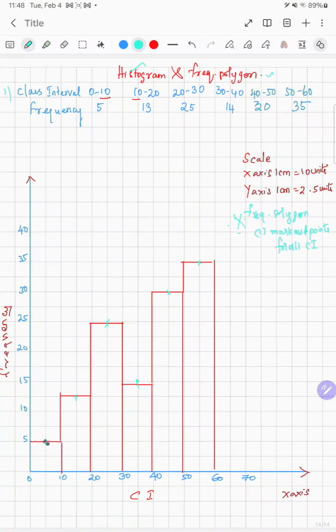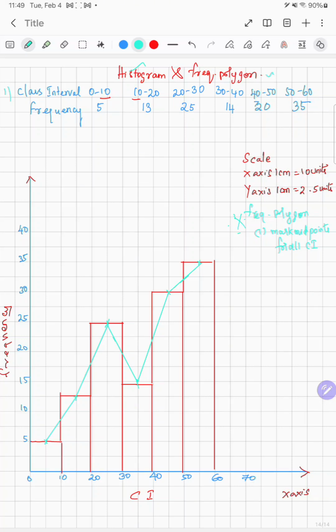Slowly draw a straight line, connecting one by one, so no confusion will be there. We have connected all the midpoints.